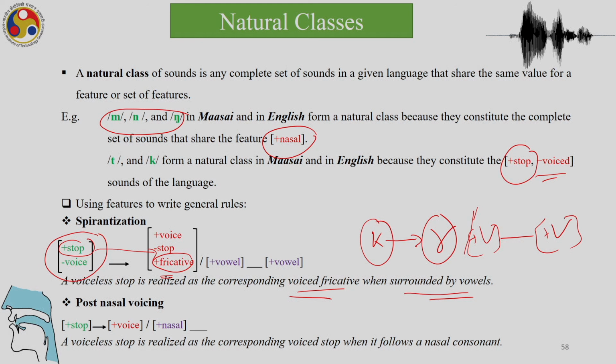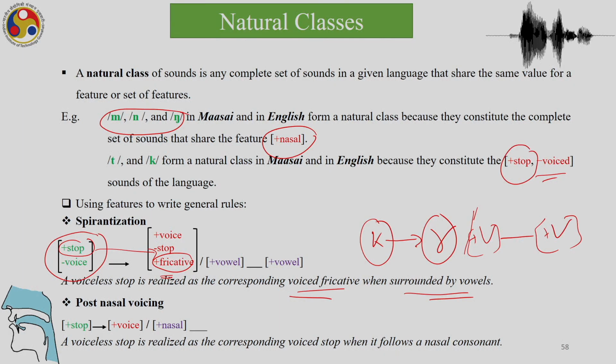In post nasal voicing, a stop becomes plus voice, that is, a minus voice stop becomes plus voice because there is a following nasal. A voiceless stop is realized as the corresponding voiced stop when it follows a nasal consonant, and that is our post nasal voicing. It can be expressed like this instead of just expressing it as k goes to g in the environment where there is an ng.